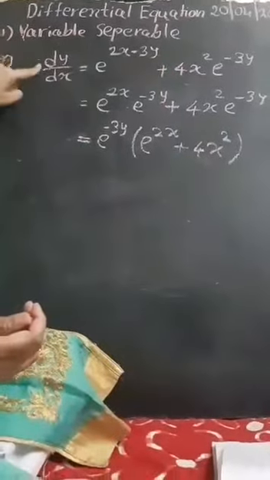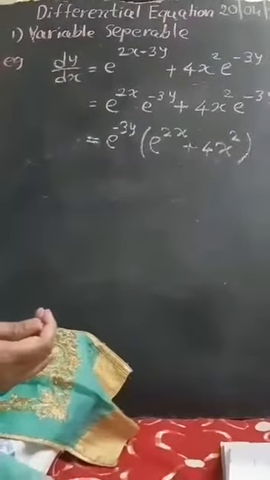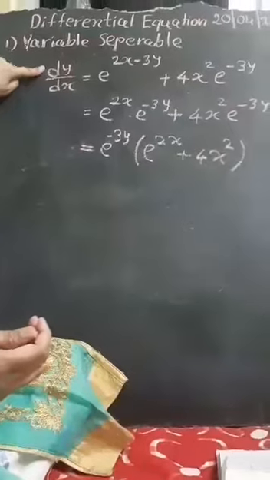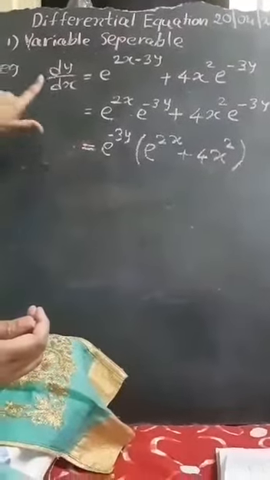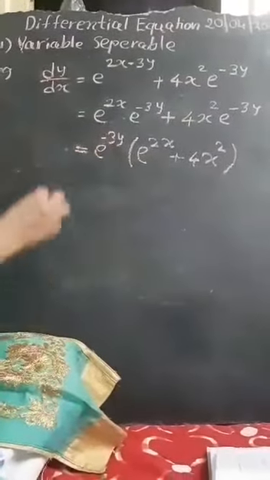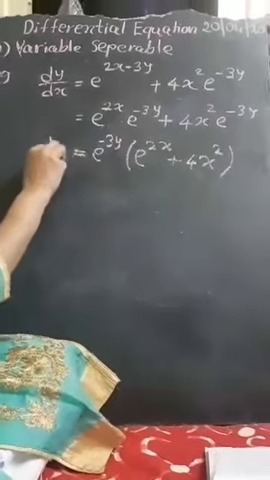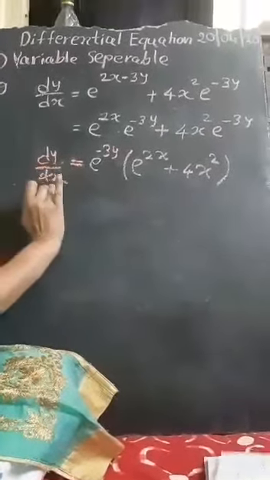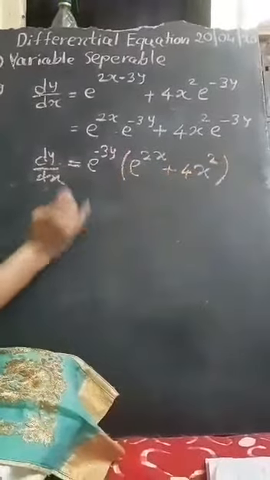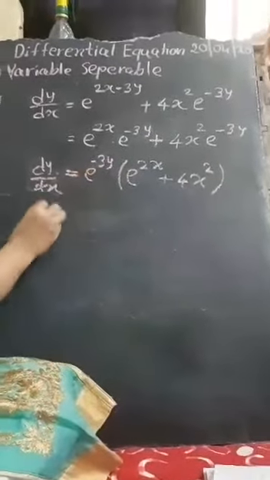Now as we are having the dy by dx operator, what we want along with the dy is a function of y, and along with dx we want a function of x. So this side we are having dy by dx. What I will do is take this dx on the right side and the function of y on the left side.